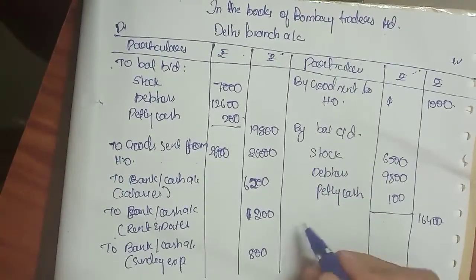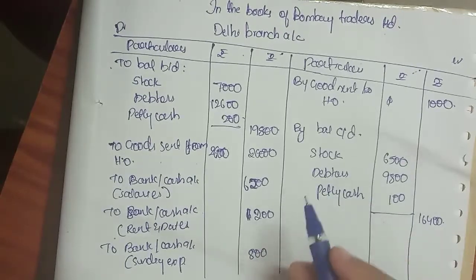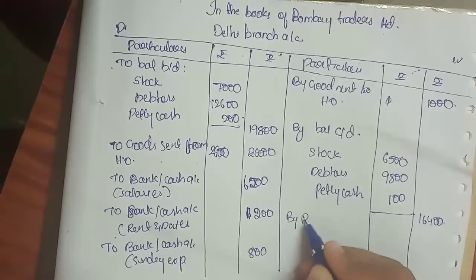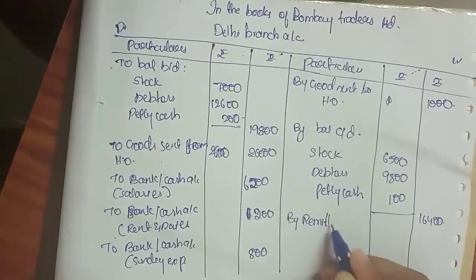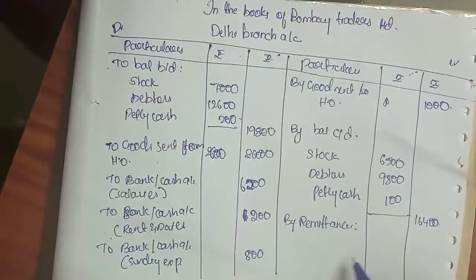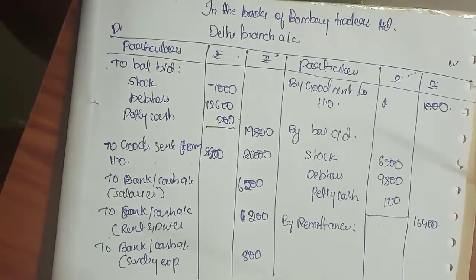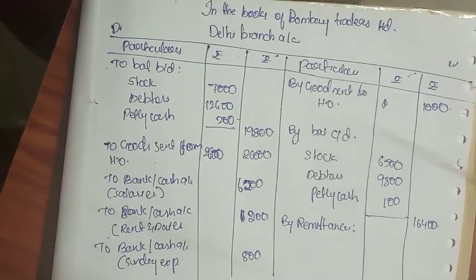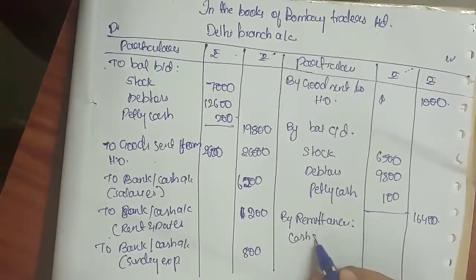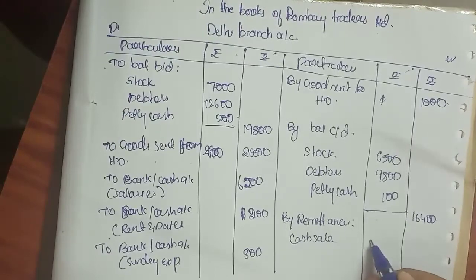Next, you also need to write cash. Whenever you see cash sales or credit sales, just write that, otherwise you will forget it. You will write it as by remittances. You are writing how much you remitted to the bank. First you had a cash sale amounting to 17,500.